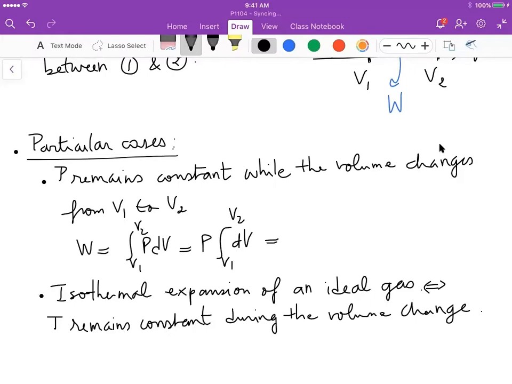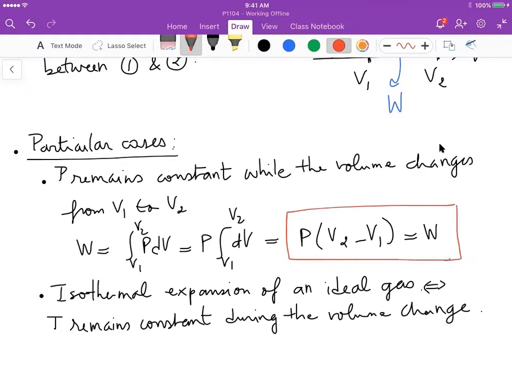And the integral of dV is simply V evaluated between V1 and V2, so we end up with V2 minus V1 times P. So if the pressure is constant, then the work done by the system during a volume change is given by P multiplied by V2 minus V1.